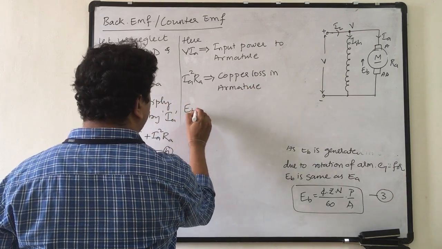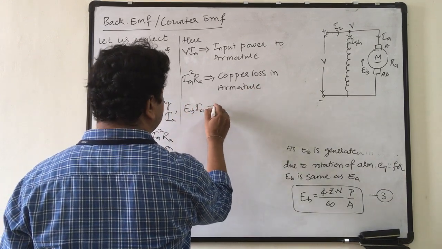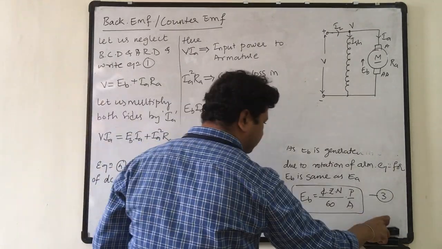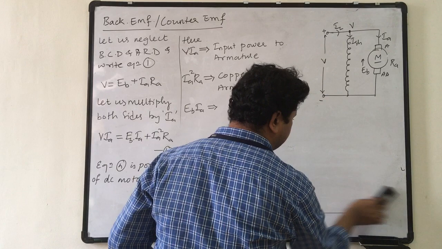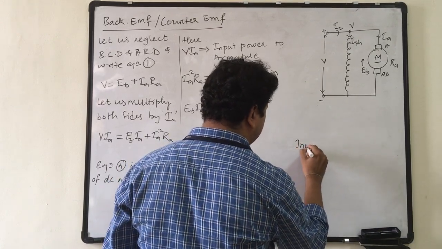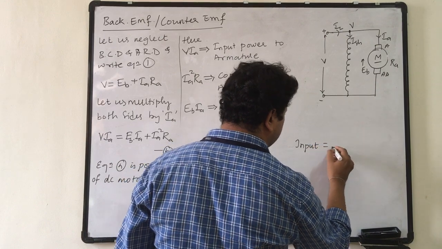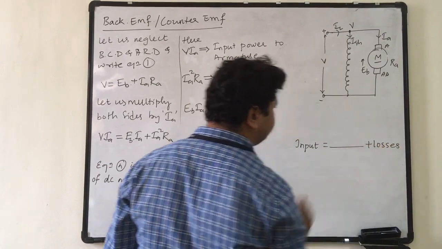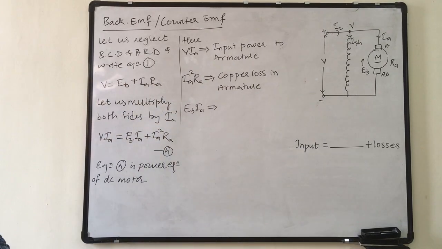Now what is EB into Ia? I will write a general equation here to make you understand. Input is equal to something plus losses. What is that? Fill in the blanks.